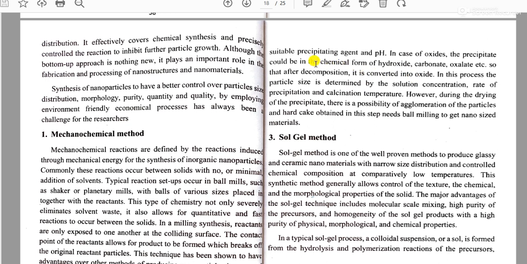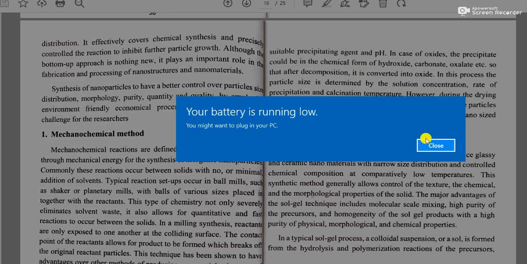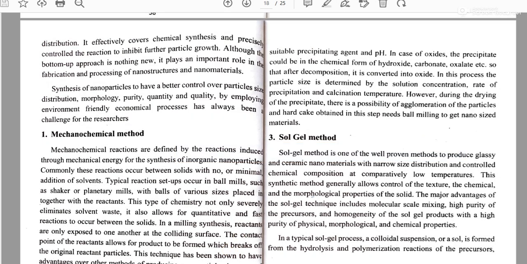So if we are preparing this ferric or ferrous oxide, using ferric chloride with a precipitating agent like sodium hydroxide, we are able to convert it to the hydroxide form, and then again through thermal decomposition we are able to obtain the iron oxide form. So this is how we do this method.